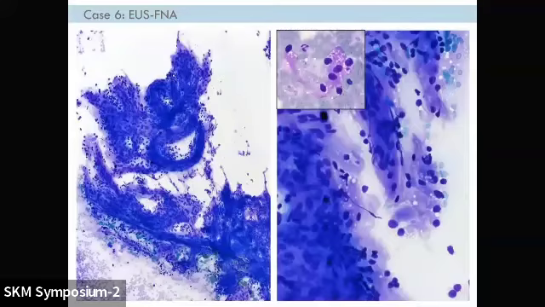This is the cytological smear. As you can see over here, it is a very cellular specimen, but one feature that is very characteristic of this tumor and very nicely depicted in this image is presence of these transgressing blood vessels that are passing through these tumor cell clusters.